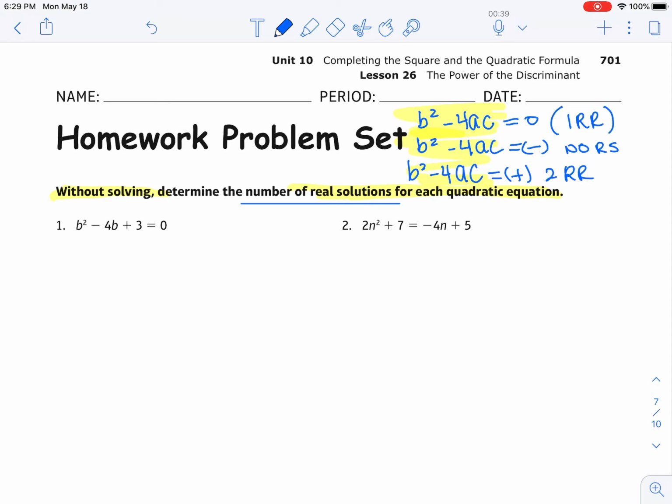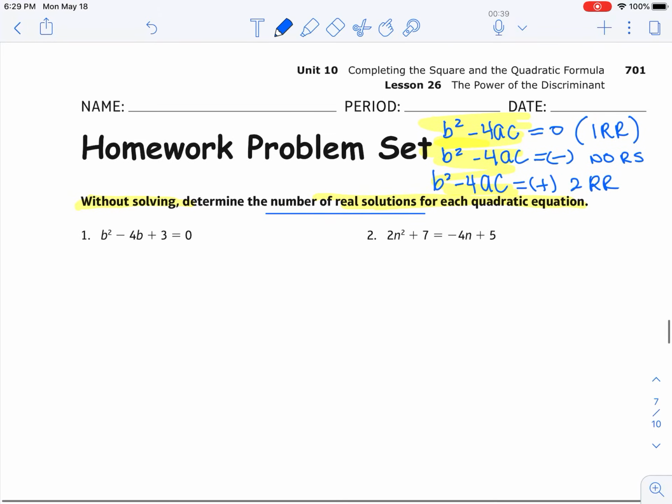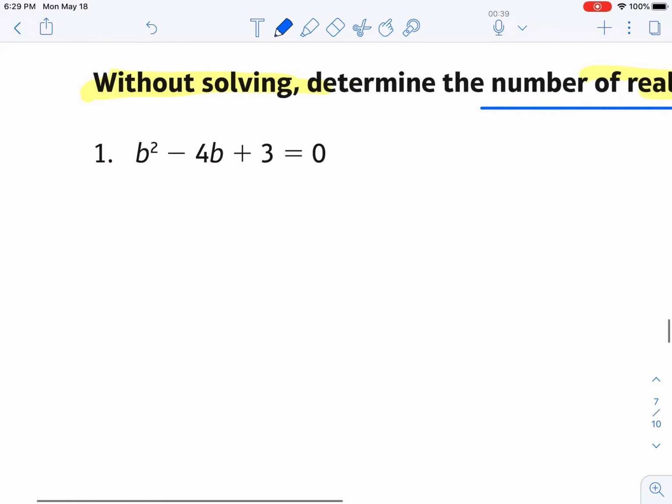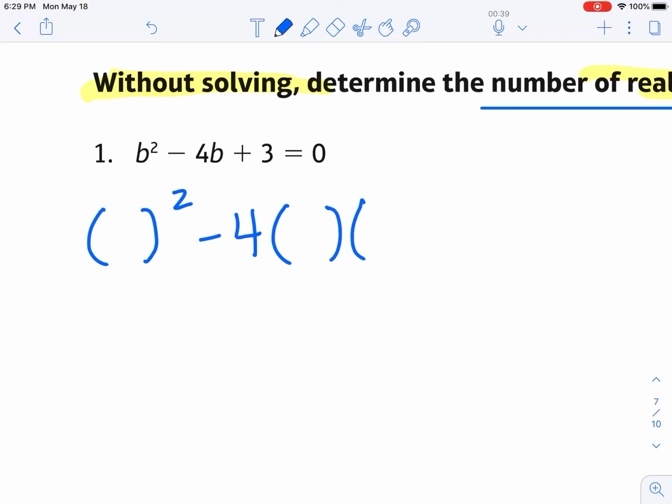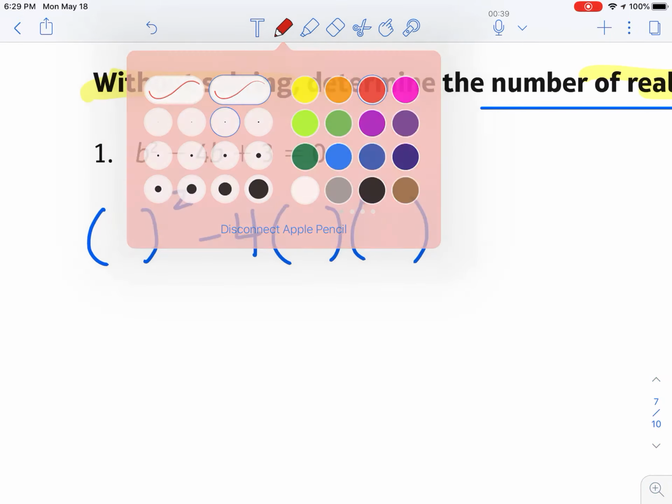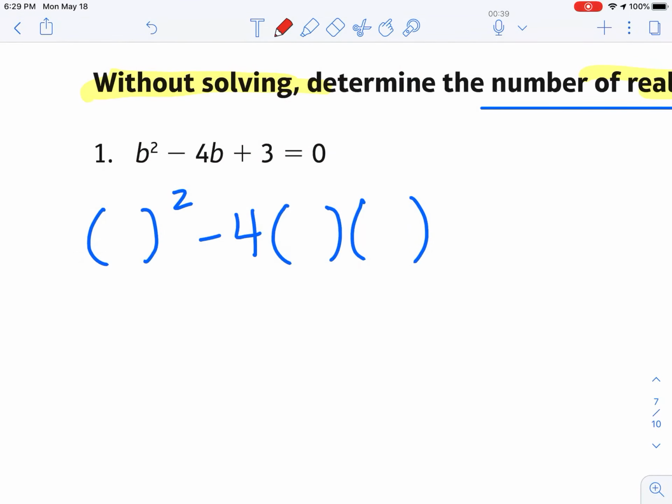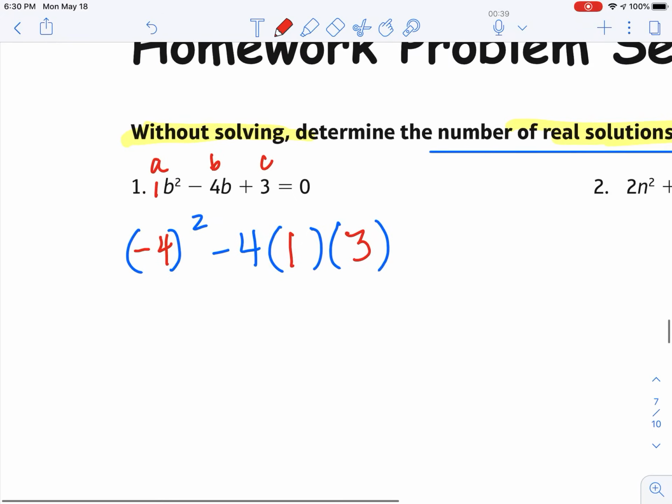So, for example, I do want you to show work: b squared minus 4 times a times c, and make sure you're plugging in your b, which is a negative 4. This is your a, this is your b, and this is your c. B squared minus 4 times a, which is 1, times c, which is 3. Okay, and simplify.